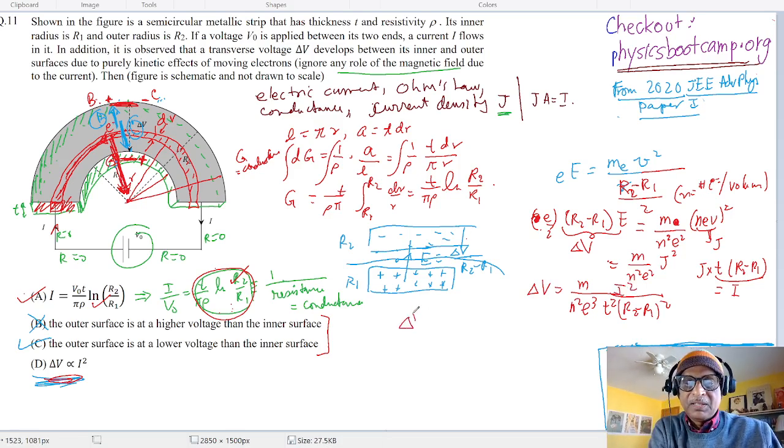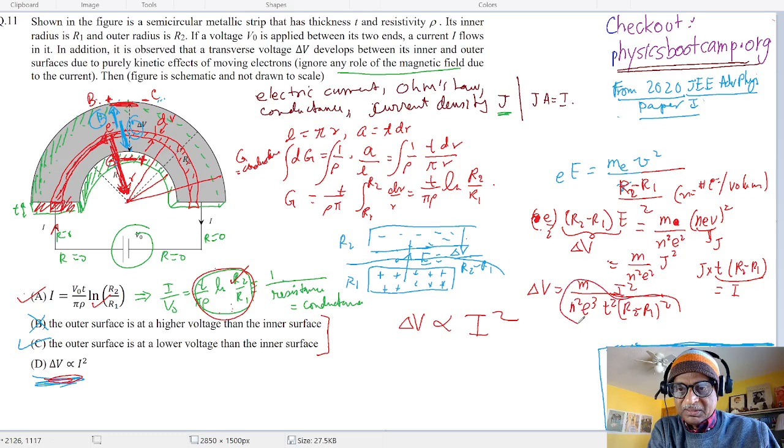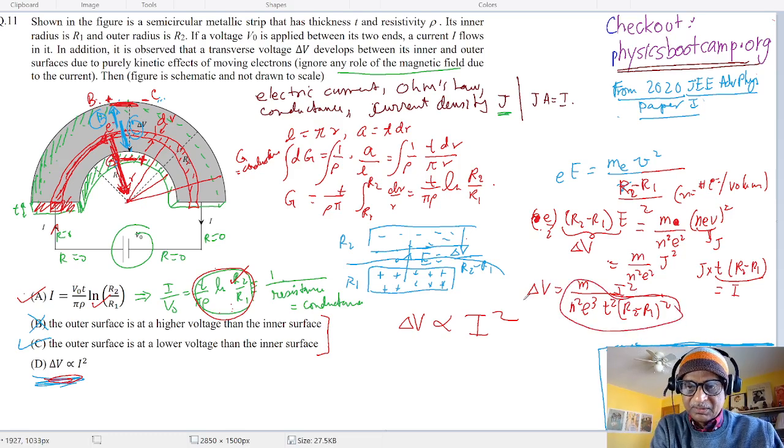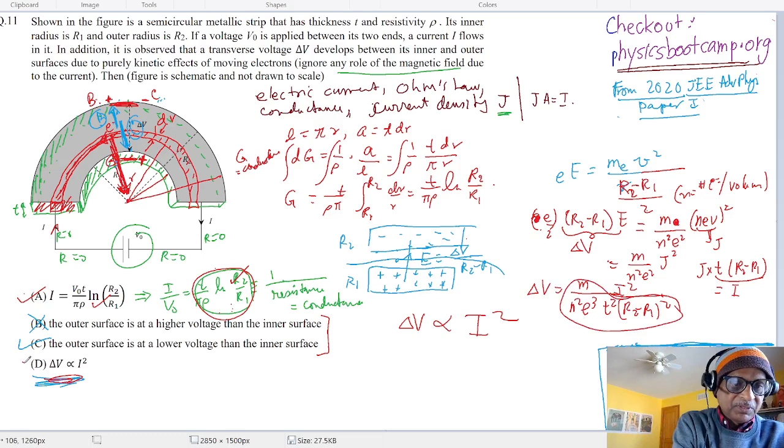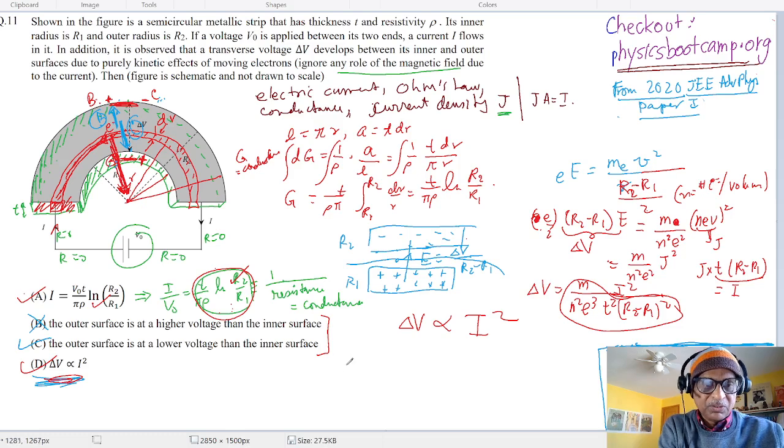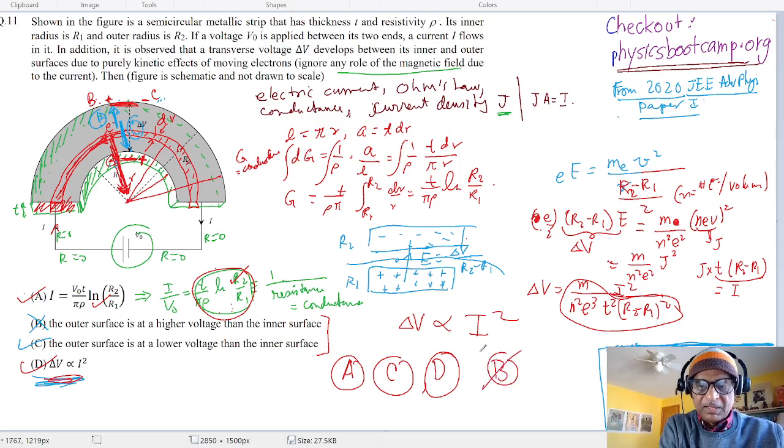So delta V is proportional to I squared. That turns out to be correct; all the rest is constant and doesn't depend on I or V. So D is also correct. For this problem, the answers would have been A, C and D, and B would be incorrect. It was an interesting problem. I will see you in another problem. Bye.